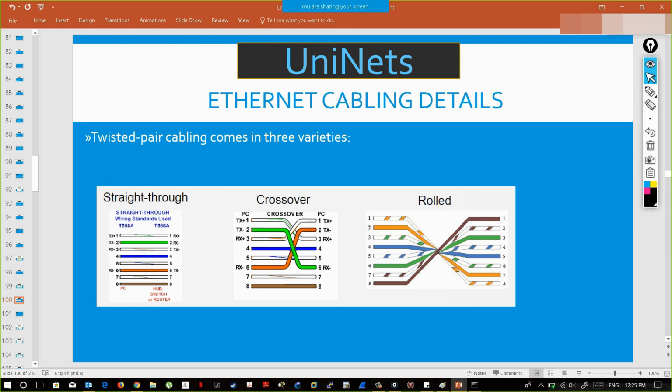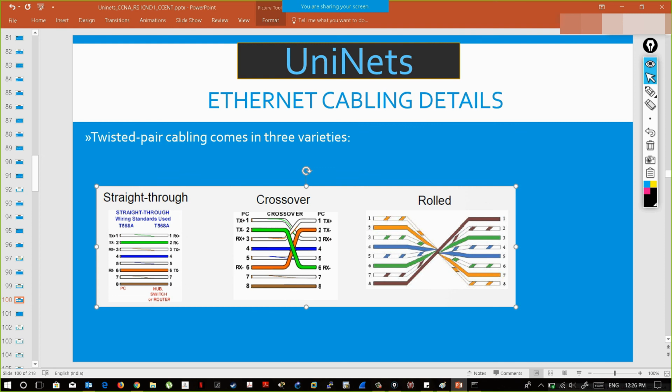Okay, this is crossover. In crossover, the transmission bit is connected to the receiving bit, and the receiving bit is connected to the transmission bit. Straight through is transmission connected to receiving at the same level, 1 to 1, 2 to 2, 3 to 3, 6 to 6. But in crossover you will have 1 to 3, not 1 to 1: 1 to 3, 2 to 6, 3 to 1, 6 to 2.